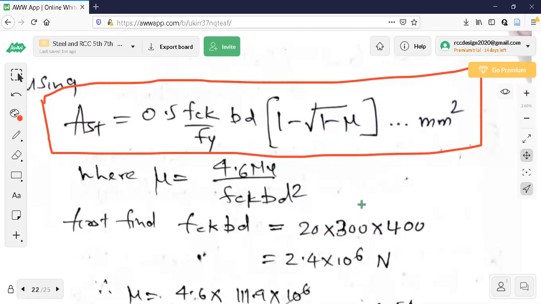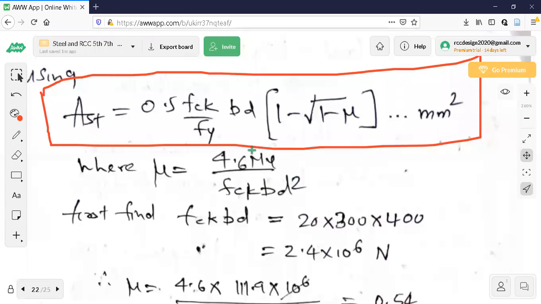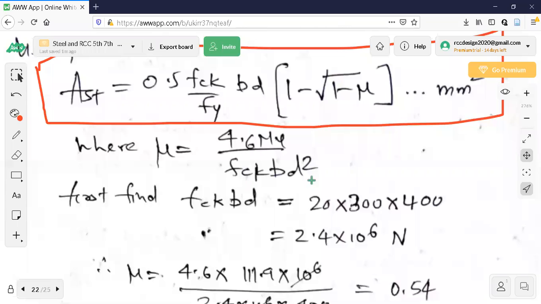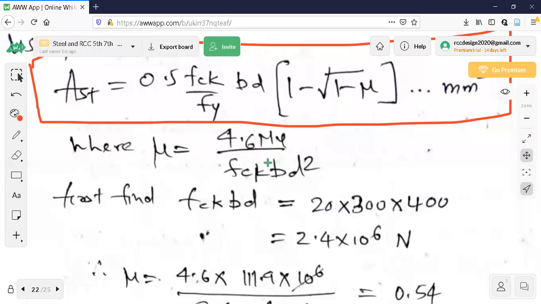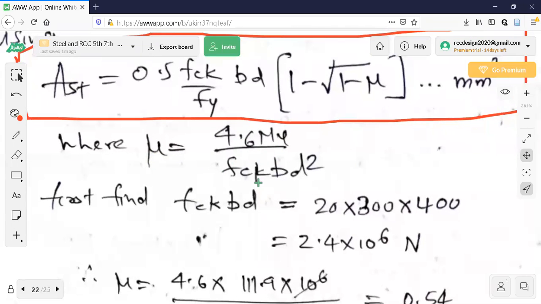Mu is 4.6 Mu divided by FCK BD square. Carefully observe this one here. In some textbooks, they have shown it as RB, capital RB is given. I have used mu. Both are one and the same.